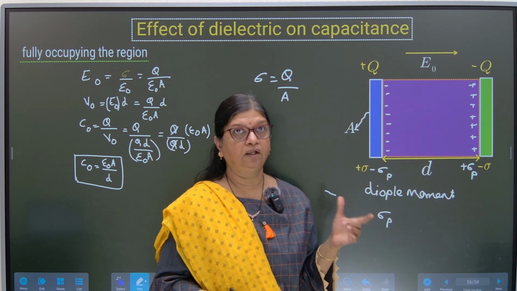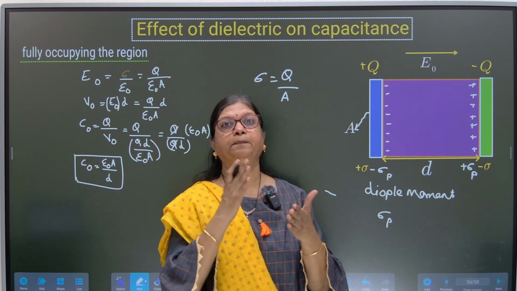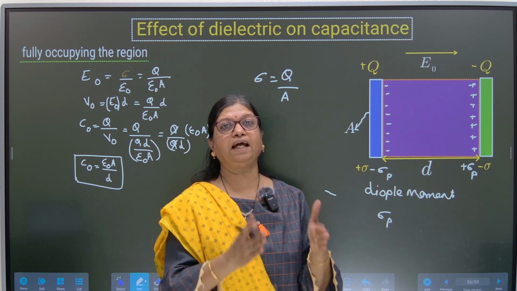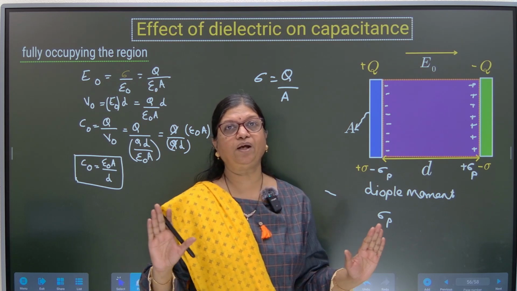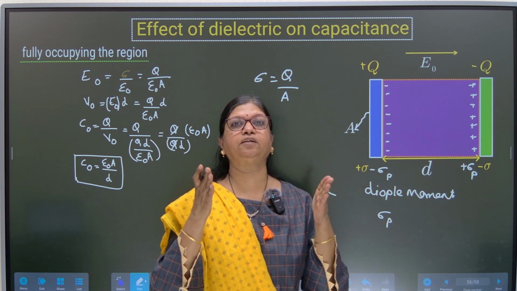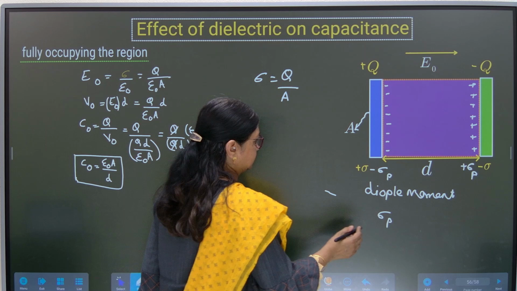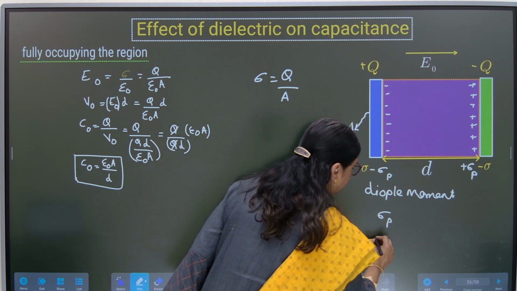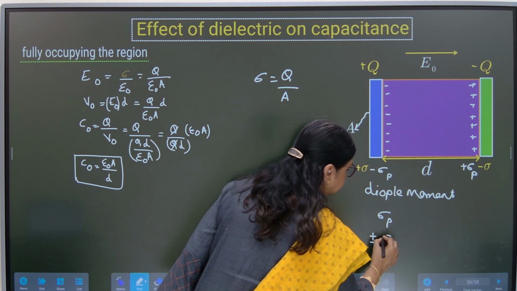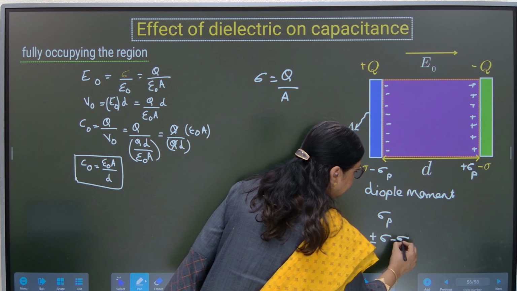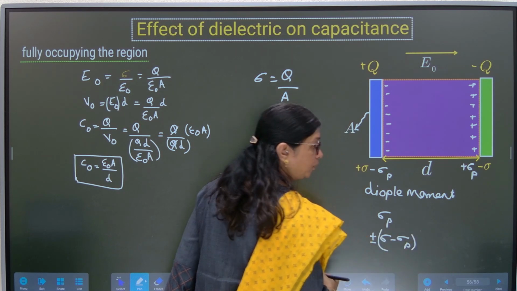Fine. So, what is the result? By placing the dielectric completely occupying the space between the two plates of a capacitor, there is a surface charge density of plus or minus sigma p on both the plates.